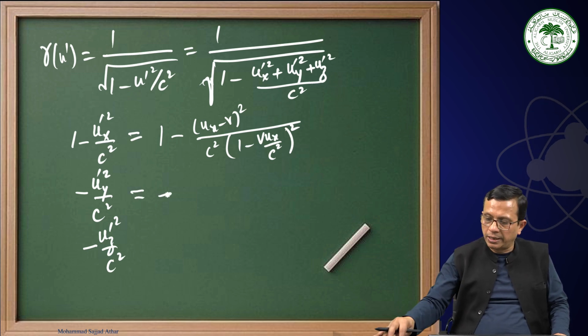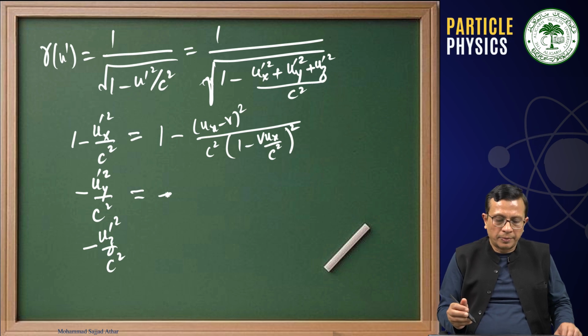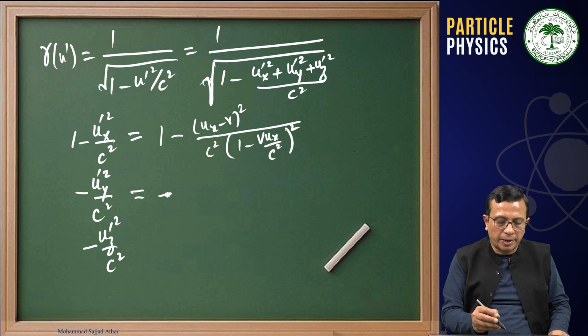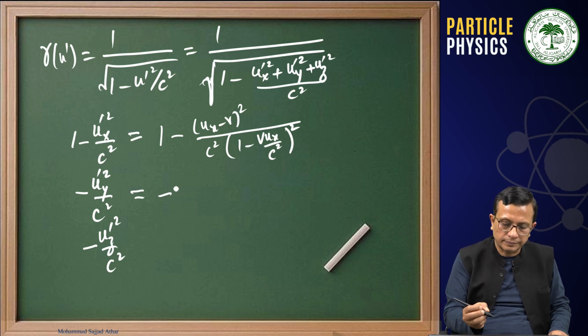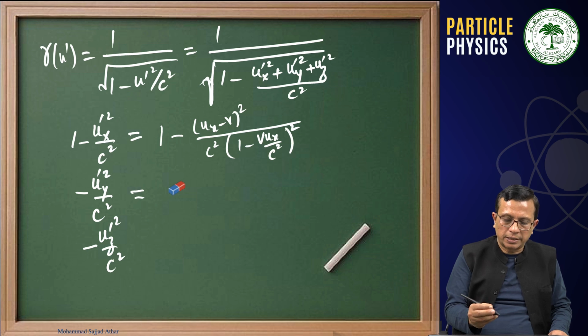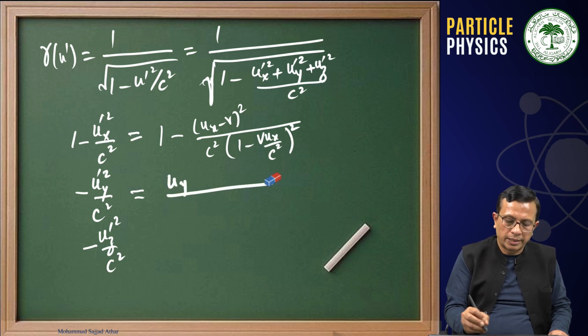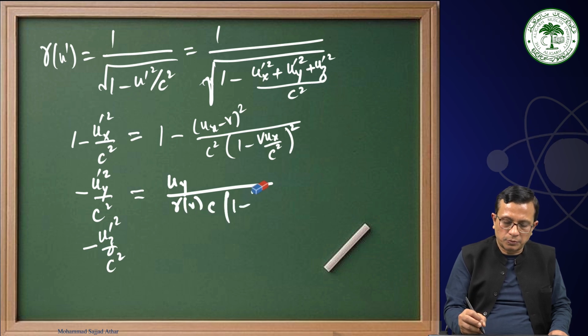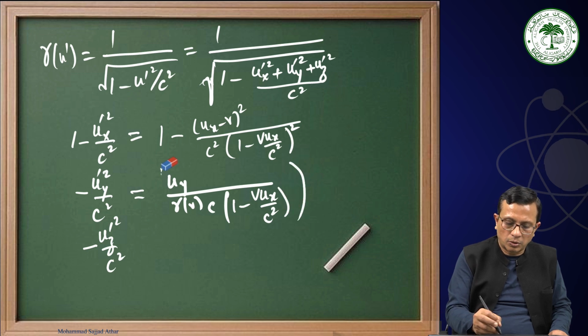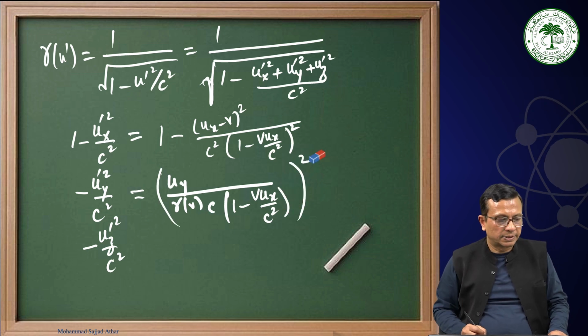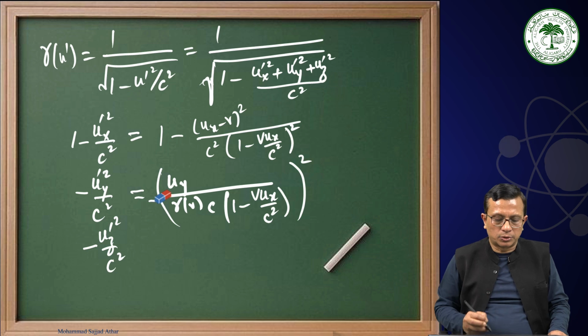And this is simple algebra. Similarly, this will be uy prime square by c square, and if you write uy prime square by c square, you will have this quantity as uy by gamma v c 1 minus v ux by c square, whole square, with a minus sign outside.